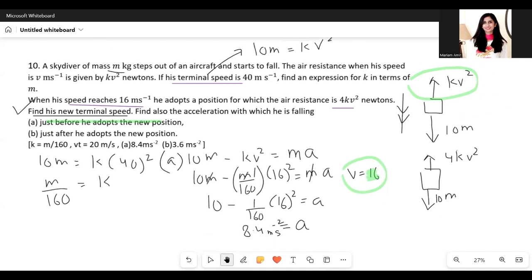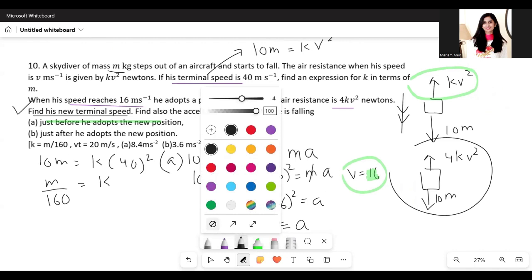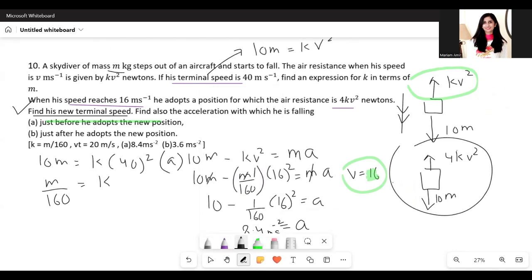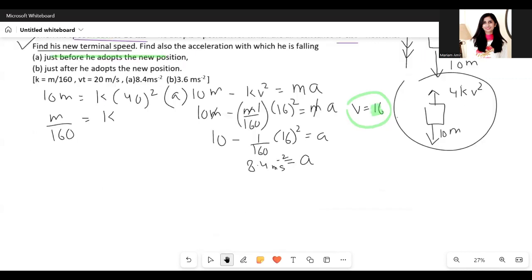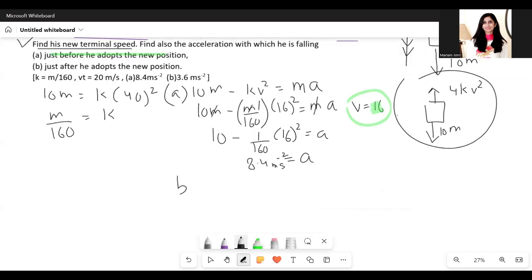Part B is find also the acceleration with which he is falling just after he adopts the new position. So that is this case. v is going to be 16 and the backward force is going to be 4kv squared. Again we use Newton's law. Forward force, which is the downward force in this case, minus backward force, which is the upward force in this case, equals m times a.